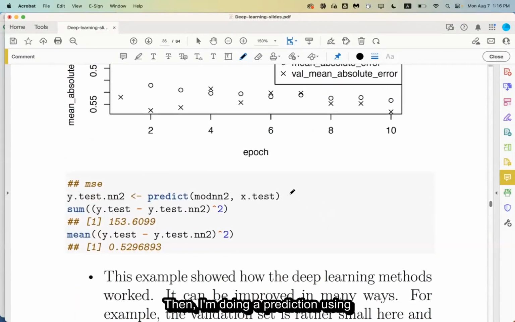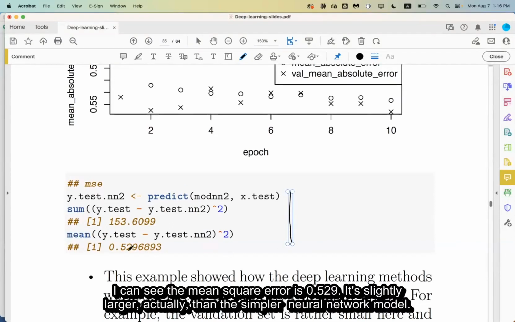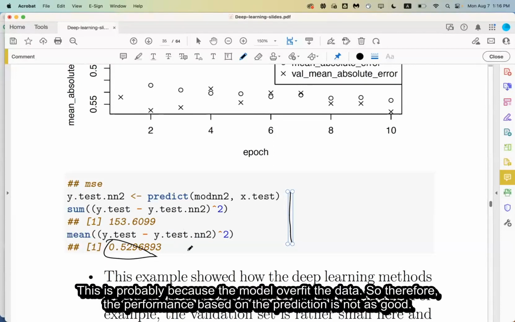Then I'm doing a prediction using my second model. I can see the mean squared error is 0.529. It's actually slightly larger than the simpler neural network model.